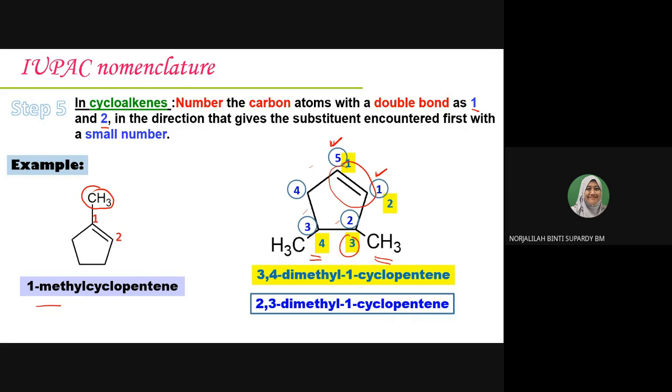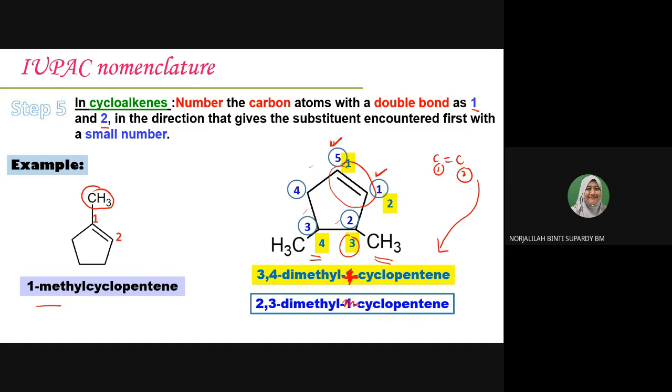This is wrong, because the carbon double bond must be at carbon number 1 and carbon number 2. So we prefer this one and exclude the number 1 here, since there is no need for it.